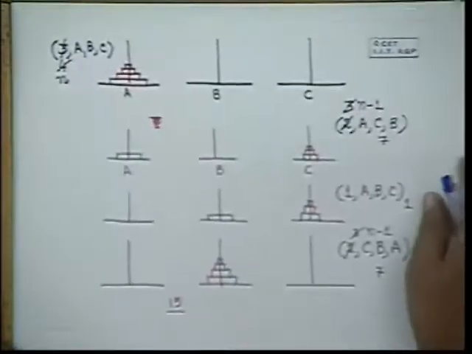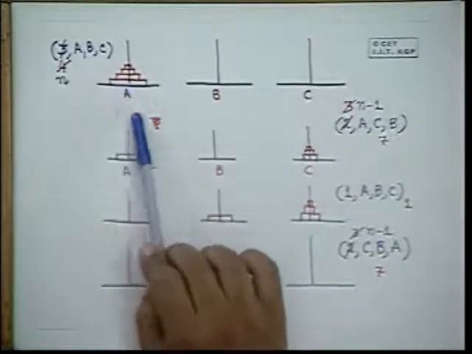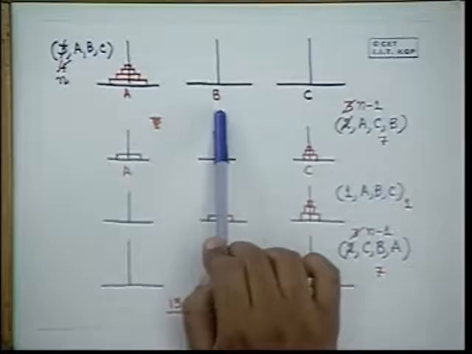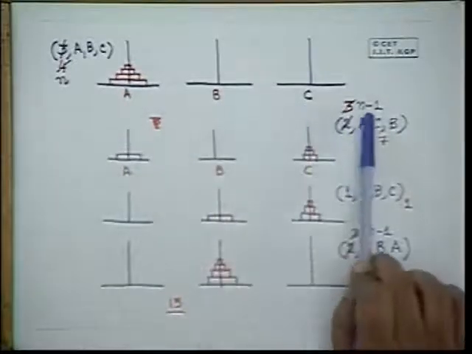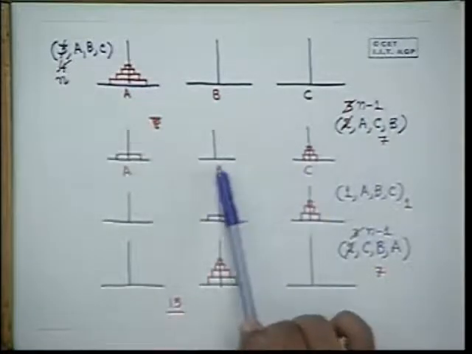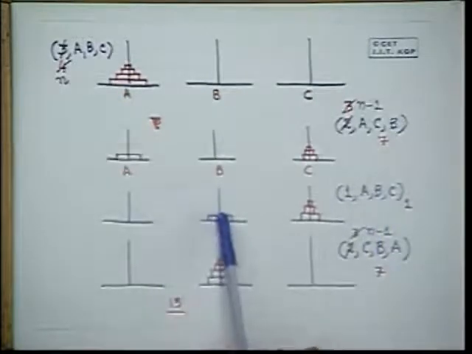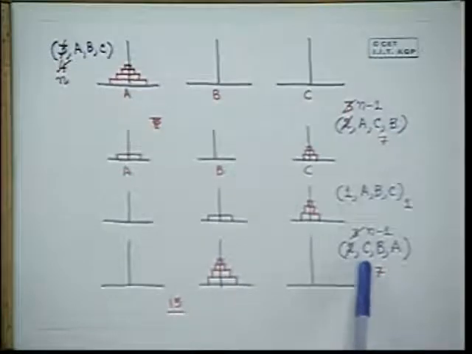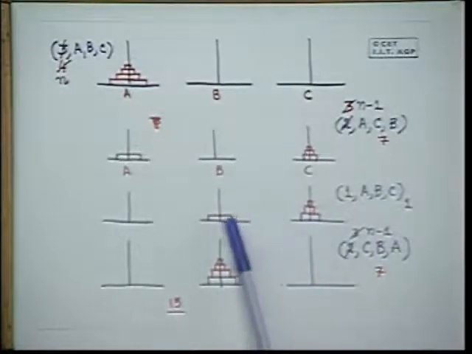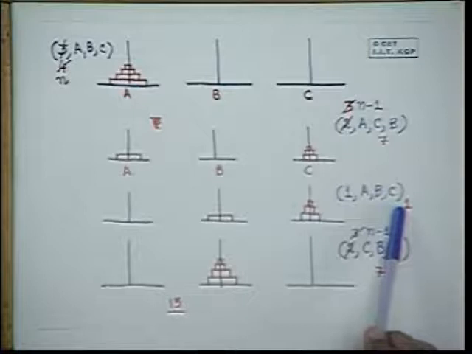We came to this situation: to solve a problem of n disks from peg A to B using peg C, we had to solve the problem of n minus 1 disks from A to C using peg B, and then a problem of one disk, that is, move an element from A to B, and then a problem of n minus 1 disks from C to B using A. So this is how we decompose the problem into subproblems, and for a single disk we know the solution directly.